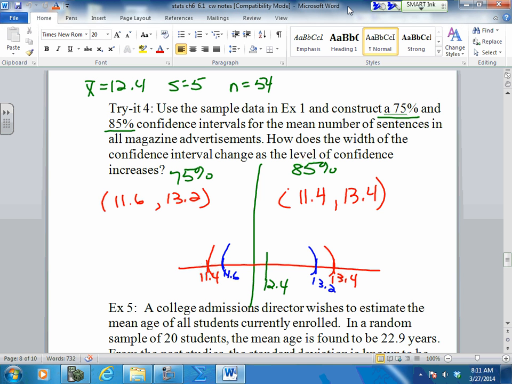Okay, look up here a second. Here is my 11.4, 13.4. This is my 85%. This is my 75%. What do you notice about your 85% interval?